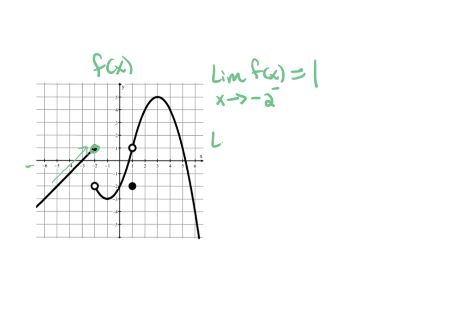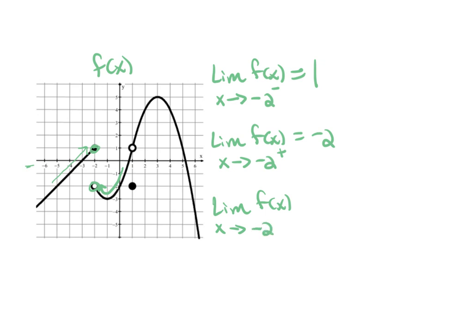Okay, so what is the limit of f of x as x approaches -2 from the right? From the right, this approaches -2. So what is the limit of f of x as x approaches just -2? Because I'm approaching different values at -2, this limit does not exist.